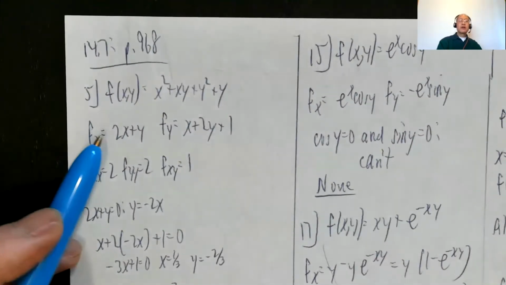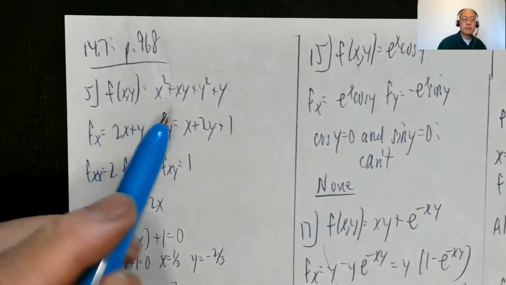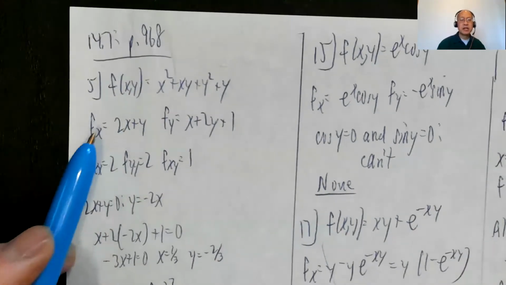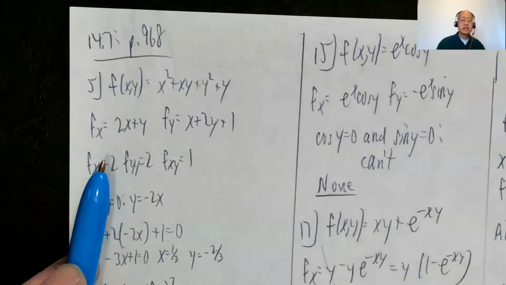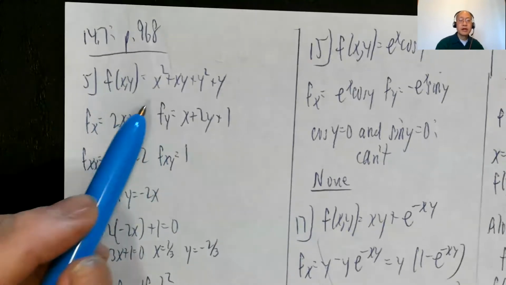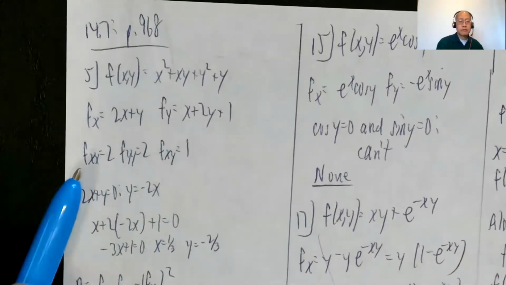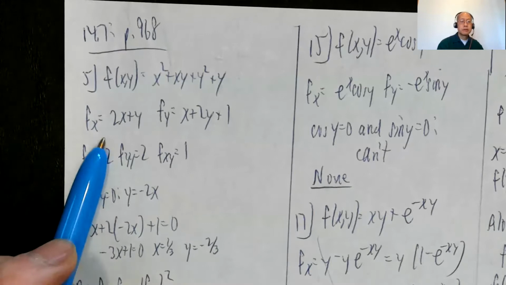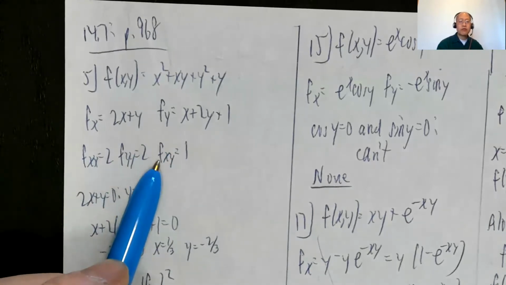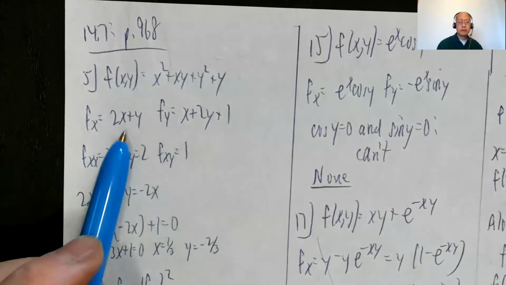Okay, problem 5. f(x,y) is x squared plus xy plus y squared plus y. Remember, this is like z. Okay, find max and min. So first you find fx, partial with respect to x, 2x plus y, partial with respect to y, x plus 2y plus 1. Find fxx, 2, fyy, 2, fxy or fyx, it's 1 in both cases.